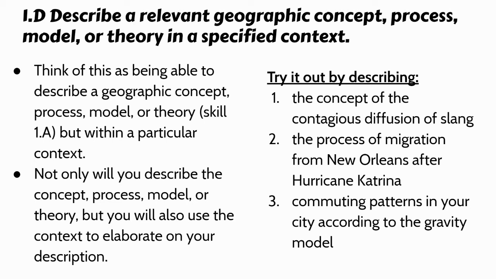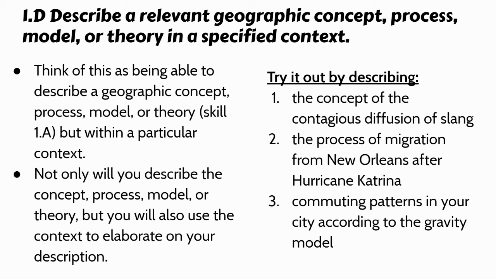Describe the process of migration from New Orleans after Hurricane Katrina. So you're going to talk about migration, obviously, but you're going to apply it to New Orleans after Hurricane Katrina. So you'd probably talk about how the places that were most impacted were places where minorities lived, and a lot of those minorities were permanently displaced. So essentially, they were becoming internally displaced people because they were moving.